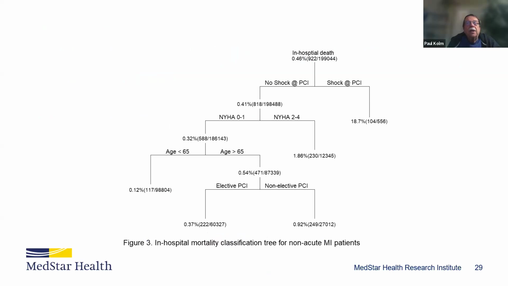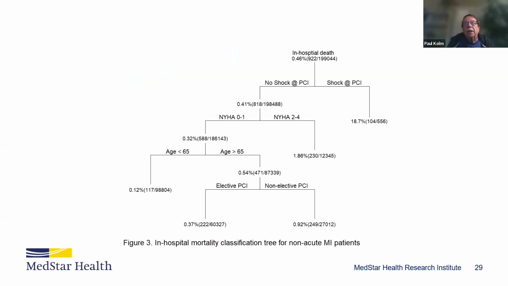This is what the tree looks like, with our first split again with shock. So obviously for any one of the three patient populations, shock is the primary driver of in-hospital mortality.